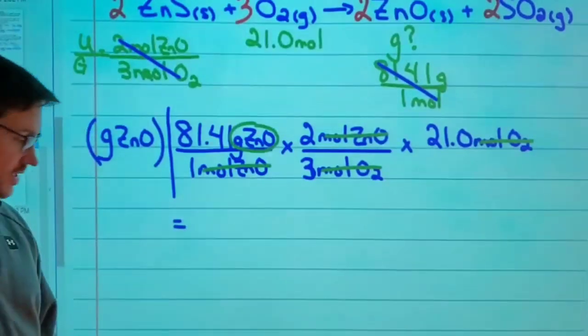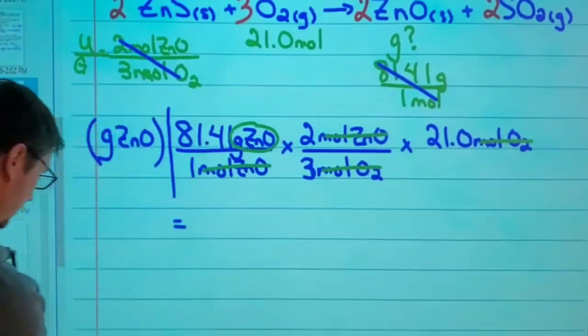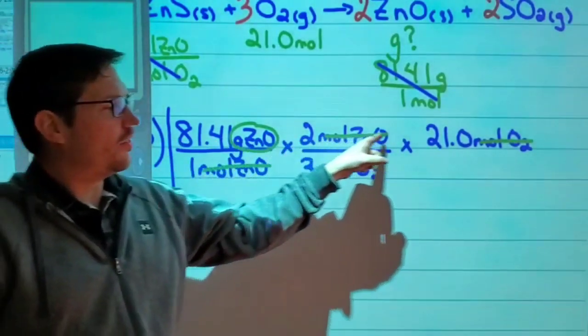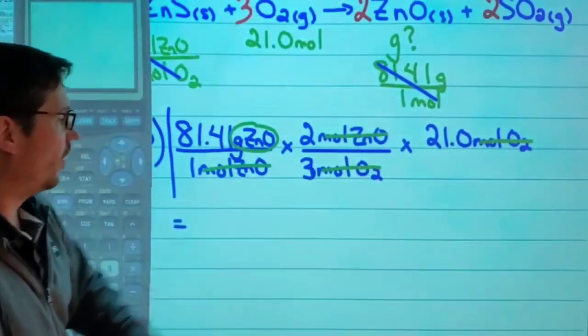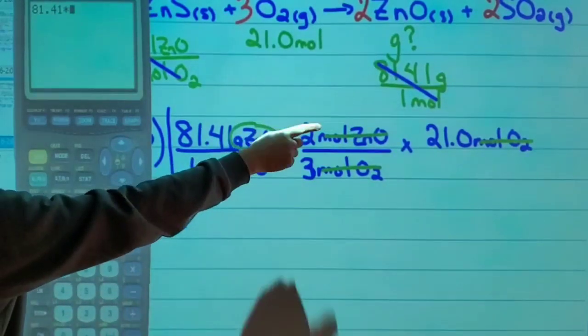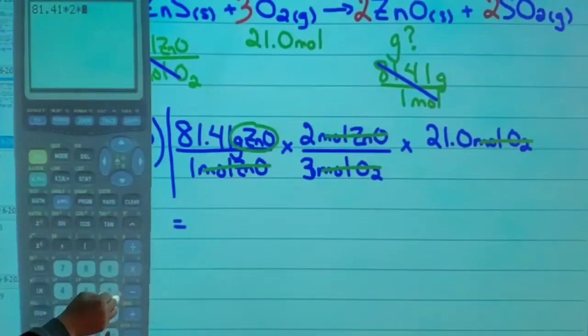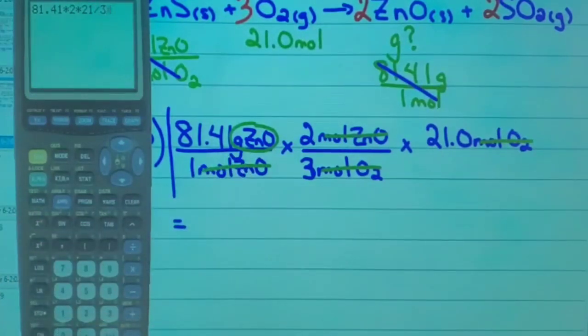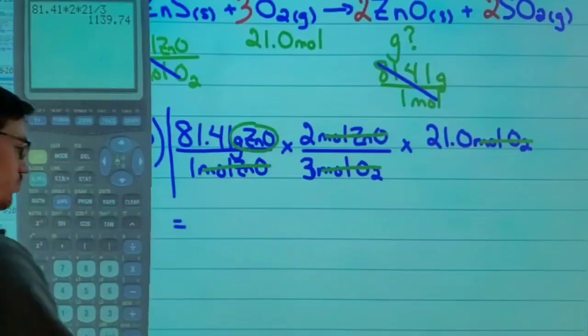So you put this into your calculator, and I've got my calculator right here. We're going to multiply all the tops and then divide by all the bottoms. So 81.41 times 2 times 21 divided by 3. Whoa!